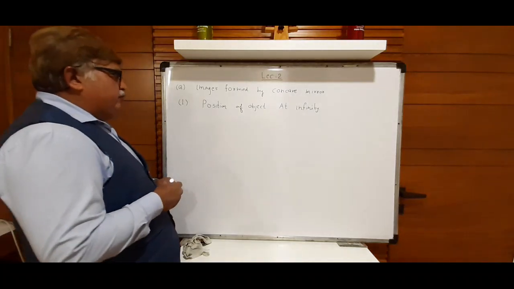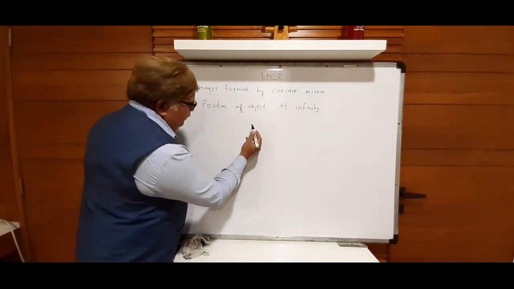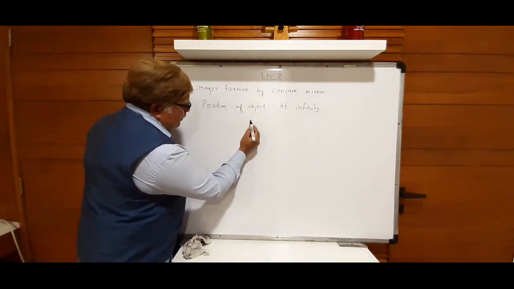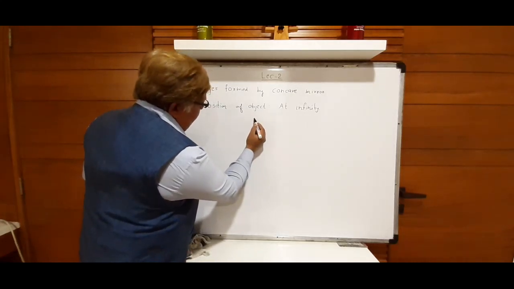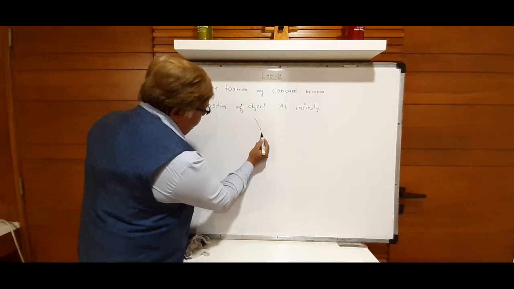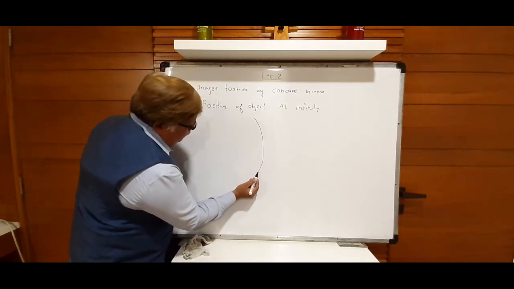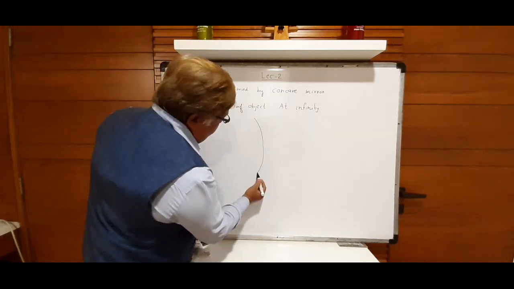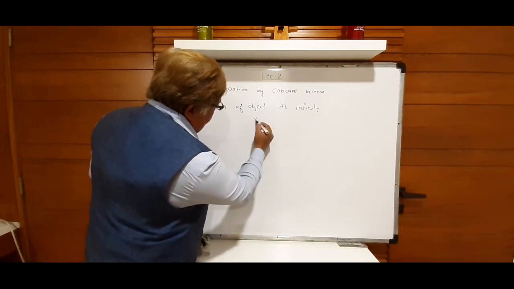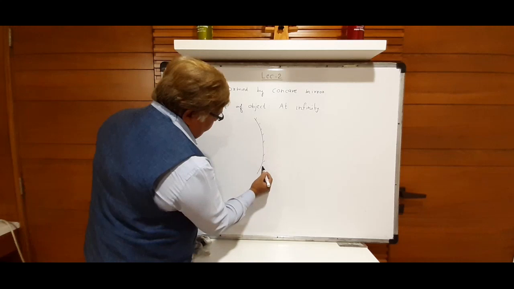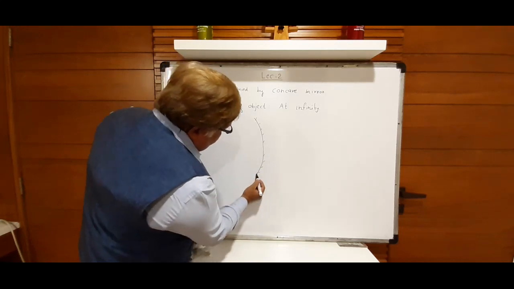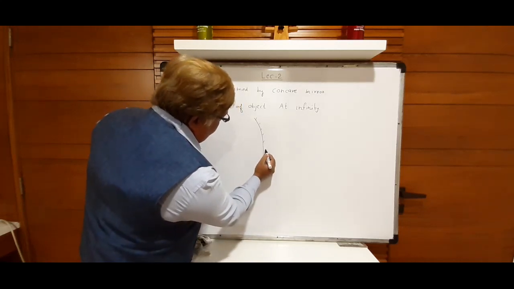How can we start? So first, you have to first draw concave mirror this way. This is concave mirror, looking nice. Dotted line, and exactly in the center is pole.